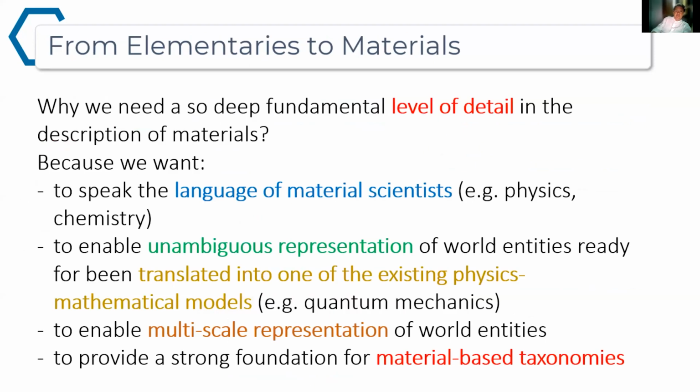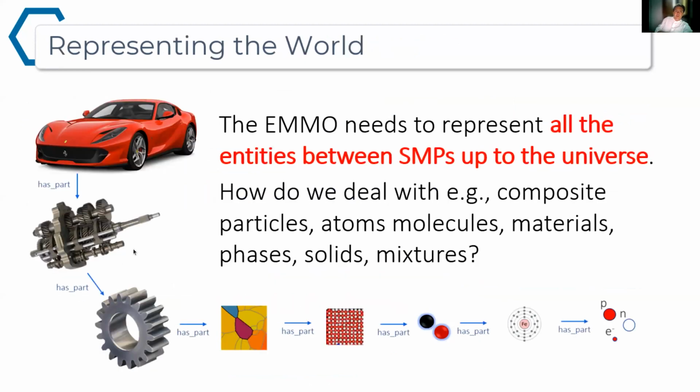So in the EMMO you can then represent materials, knowing that it is always possible to go down, to go deep, and to provide more detailed relations and models for that particular entity.